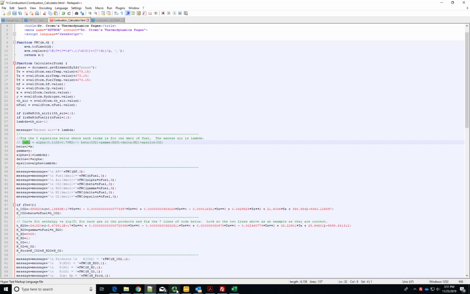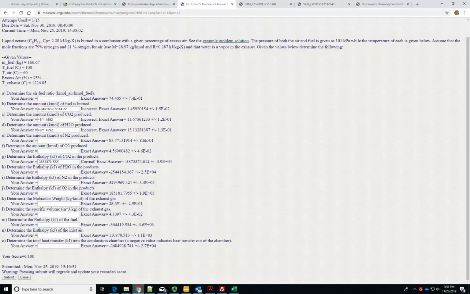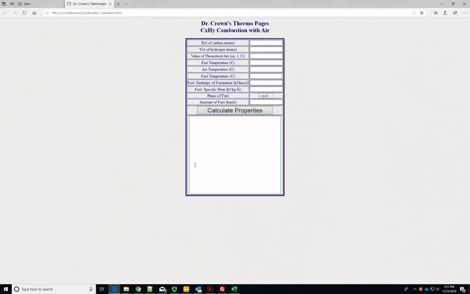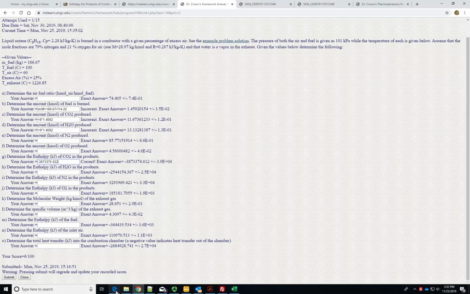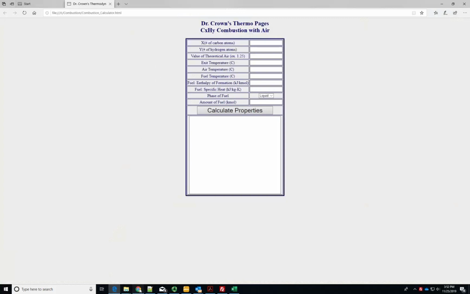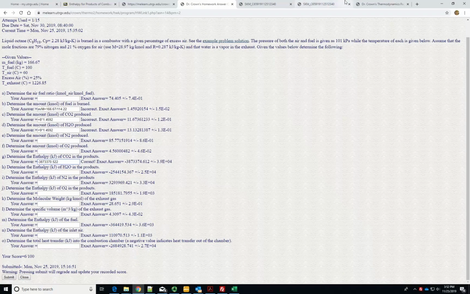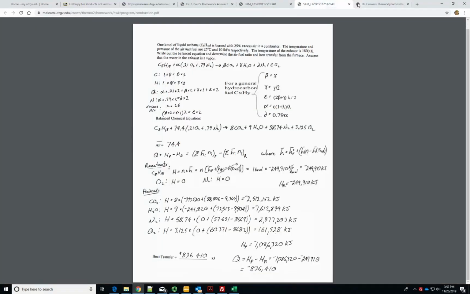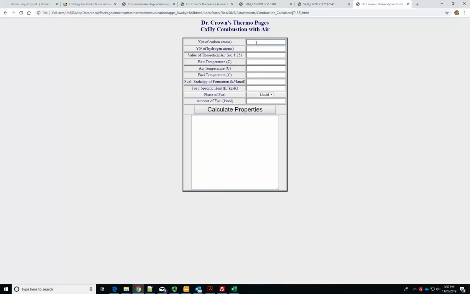And when you do that, just to show you the usefulness of it, let me open that in. I like it better in Chrome. There we go. So let's try this problem.